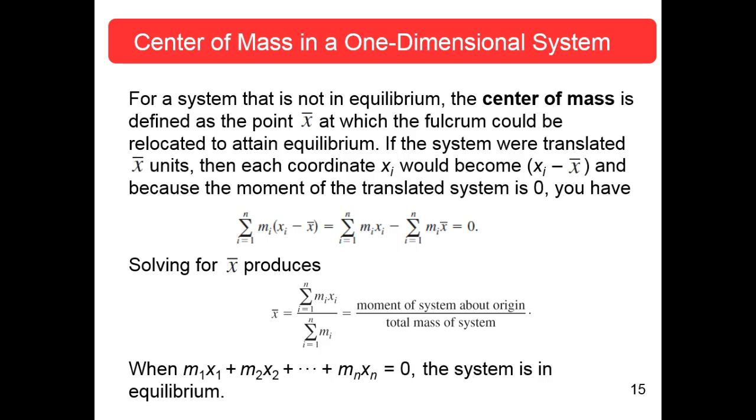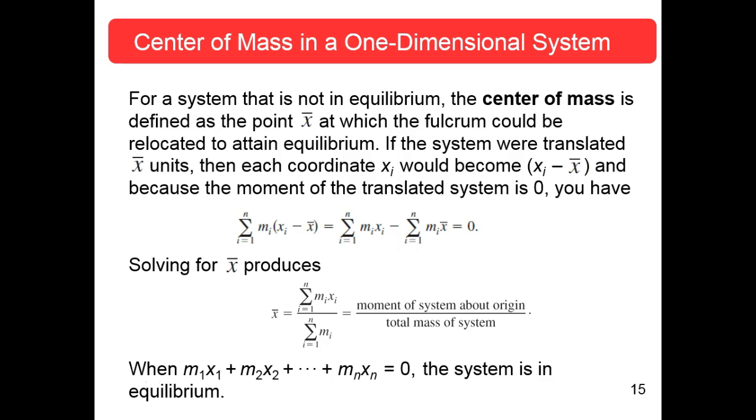For a system that is not in equilibrium, the center of mass is defined to be the point x bar at which the fulcrum could be relocated to obtain an equilibrium. If that system were translated x bar units, then each coordinate x sub i would be x sub i minus x bar. You're measuring how far from that center of mass you are. So then you have the summation of all your masses times how far you are from the center of mass.